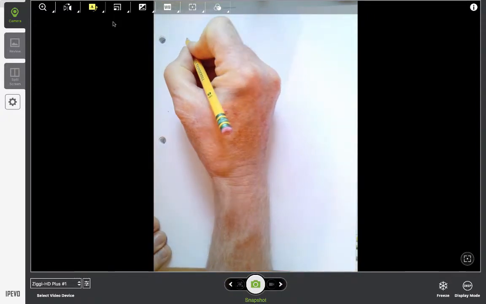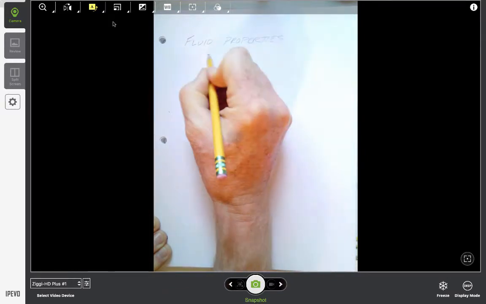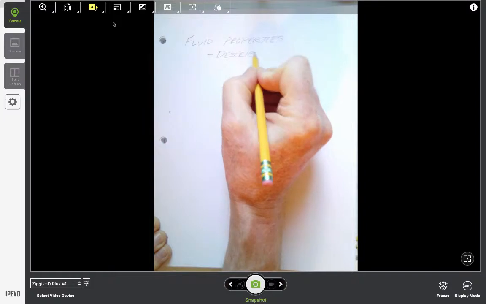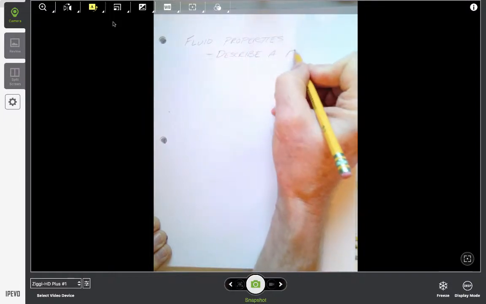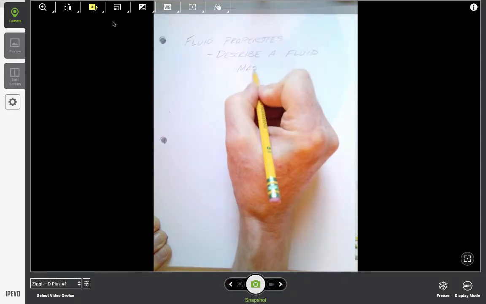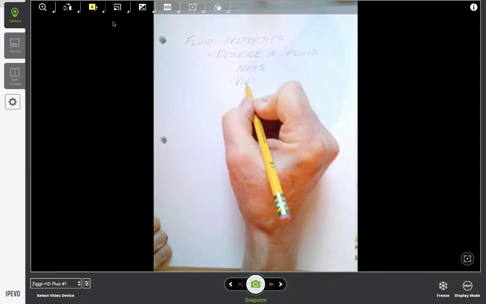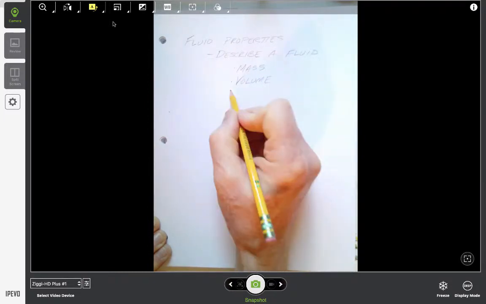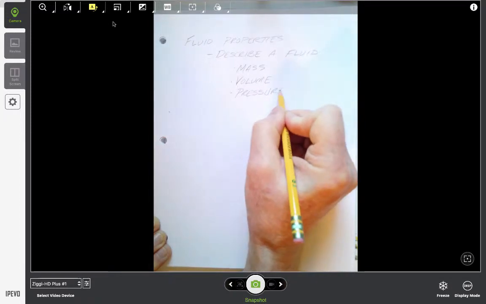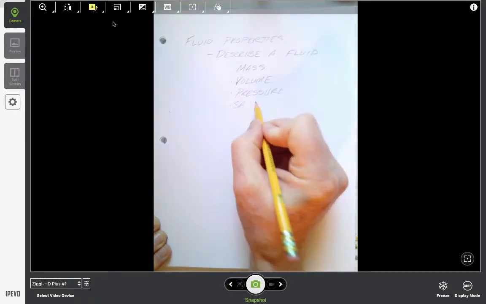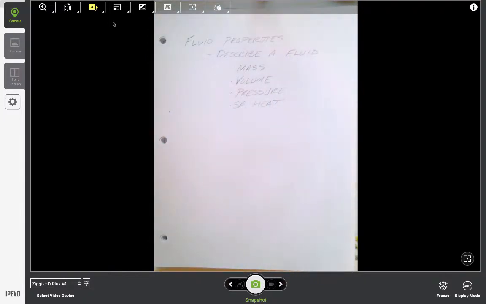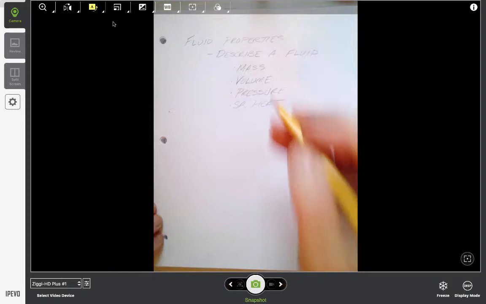So, fluid properties, these are properties that describe a fluid. Things like its mass, volume, pressure, specific heat, and such would describe a fluid.